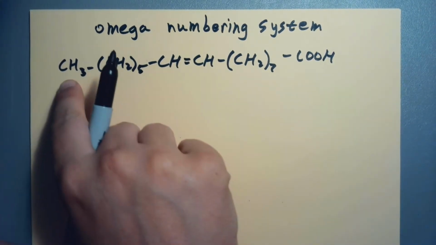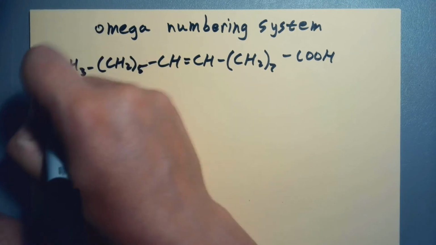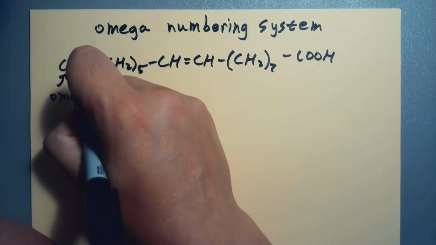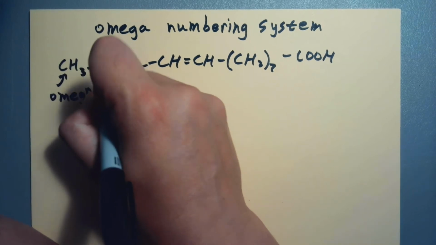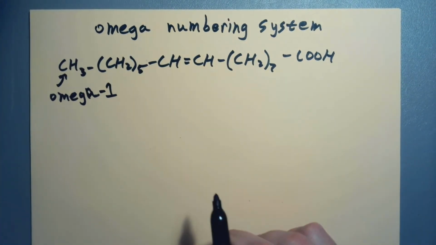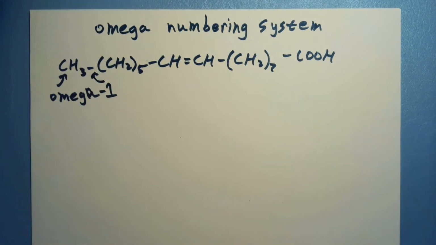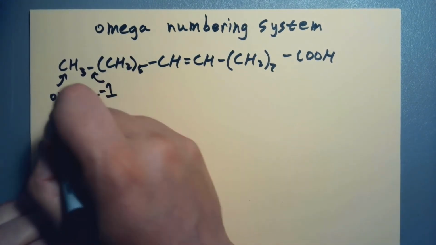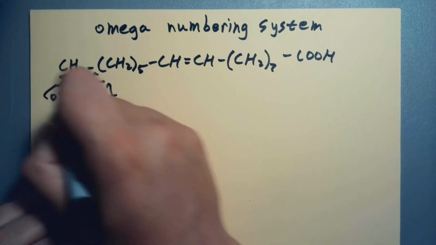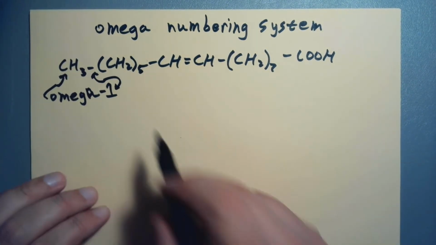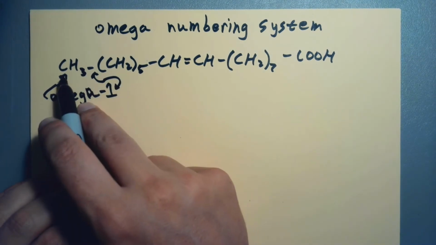Well, this is our omega end right here. This is our omega 1, or omega end, and so this 1 has to do with that bond. And so this end is like our omega, this guy is the omega 1.